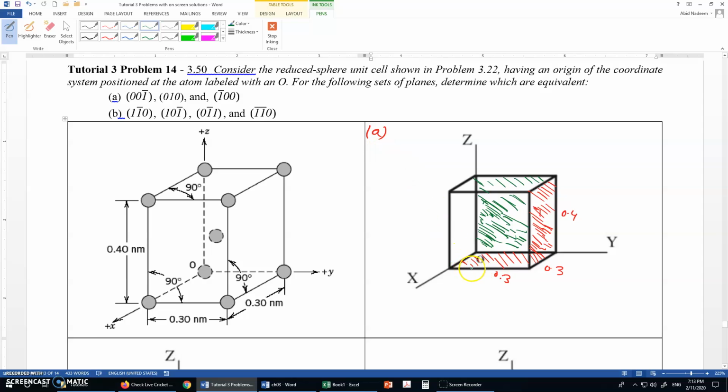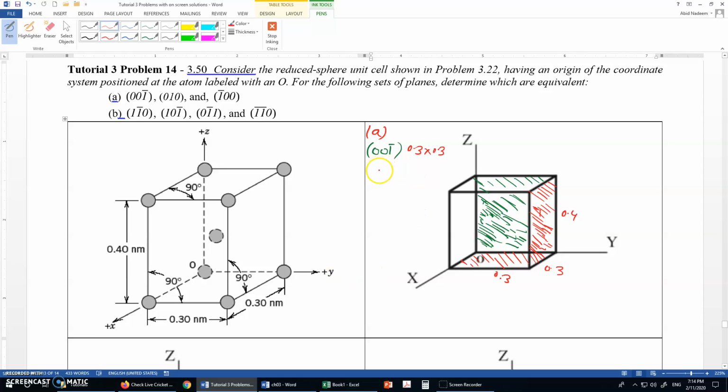Okay, so let me write it down. The first plane was this one, 0 0 1 bar, and that was 0 0 1 bar. So this plane was 0.3 by 0.3, with 4 atoms along 4 corners.